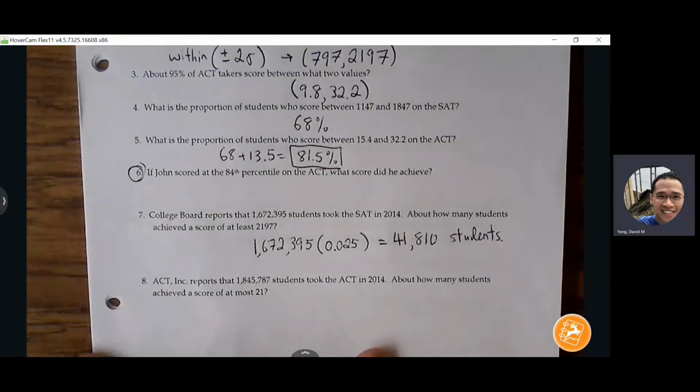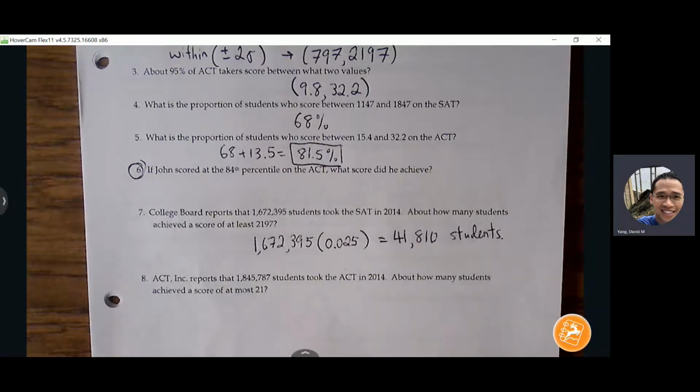Okay, try number 8. See if you can work that through. How many students achieved a score of at most 21?